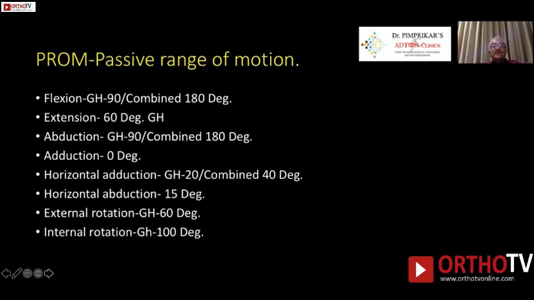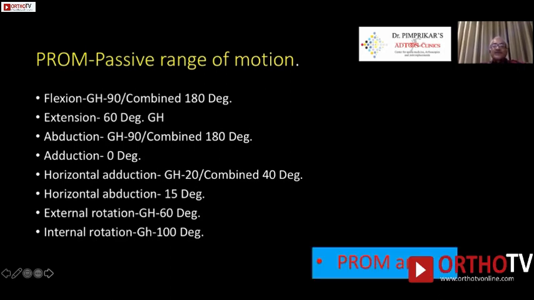So we have to isolate the glenohumeral joint in order to know the exact range of glenohumeral flexion, extension, abduction, adduction, horizontal adduction, horizontal abduction, external rotation, and internal rotation.